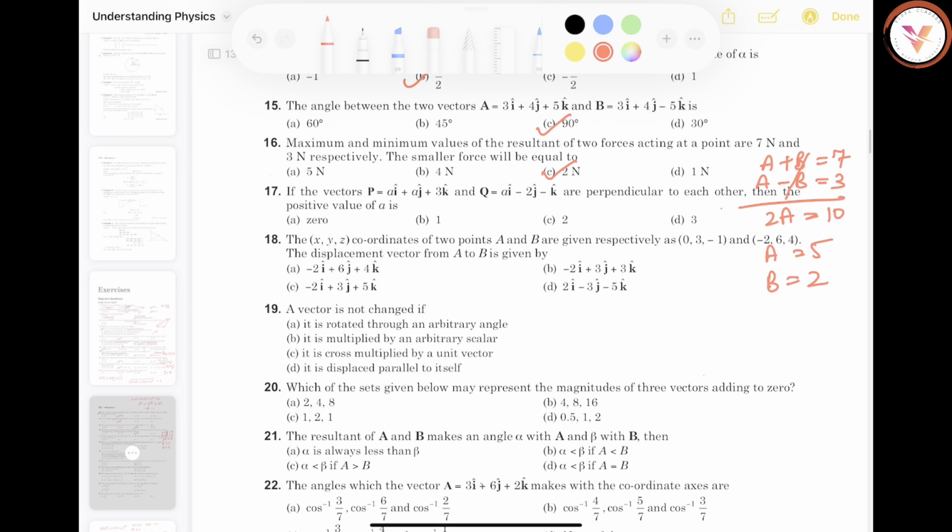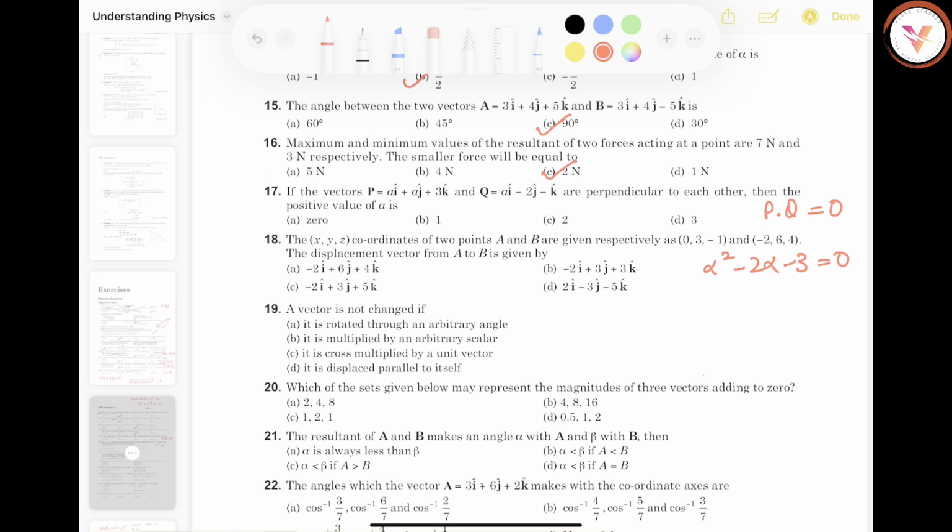Next, if the vectors P and Q are perpendicular to each other, then the value of alpha. If they are perpendicular, then their dot product should be equal to 0. Right? That means P dot Q equals to 0. Then it equals alpha square minus 2 alpha minus 3 equals to 0.